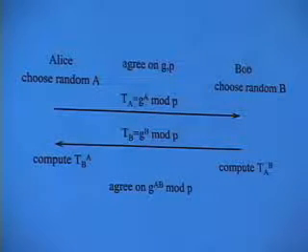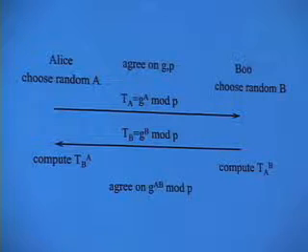Alice then raises that whole thing she just got from Bob to the power A. Now, if you're kind of working ahead, that gives Alice a value G to the A times B mod P. Because when you raise something to a power and then do it again, it's the same as multiplying the exponent. So that's G to the AB mod P, or equivalently, G to the B times A mod P. They're associative, it doesn't matter.